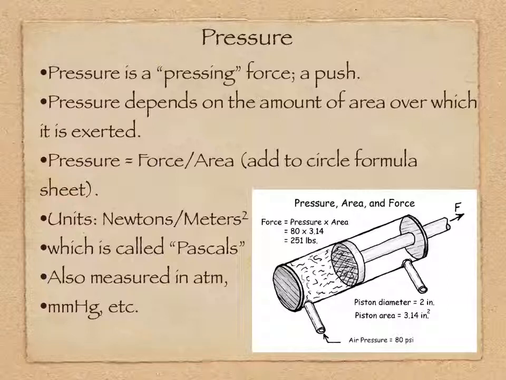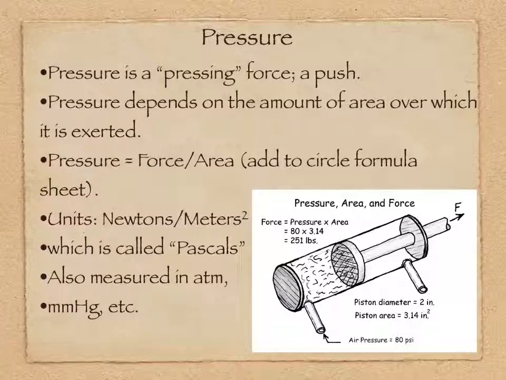If the pressure is exerted over a small area, like if you take a needle and you press it on the palm of your hand, the area of the tip of the needle is very small, and the pressure is great.